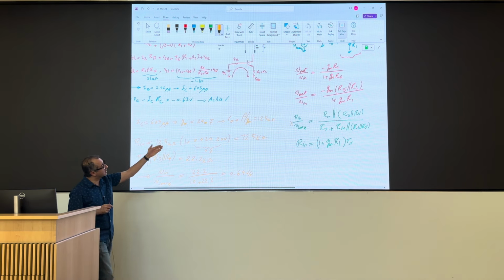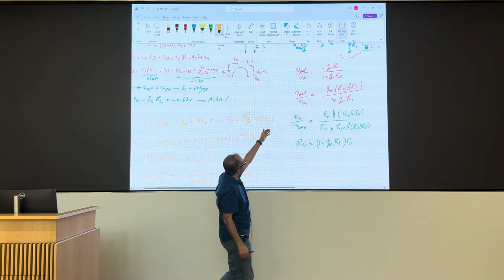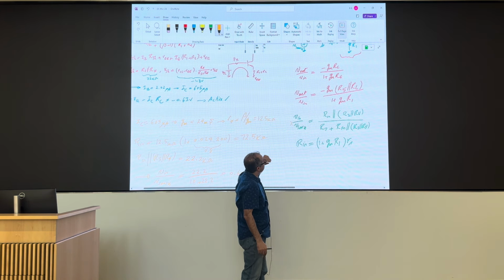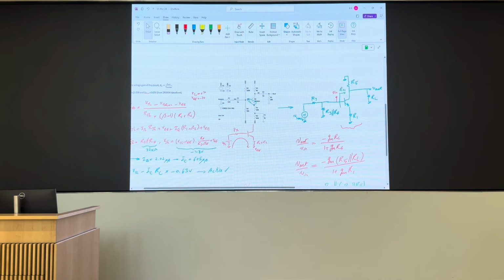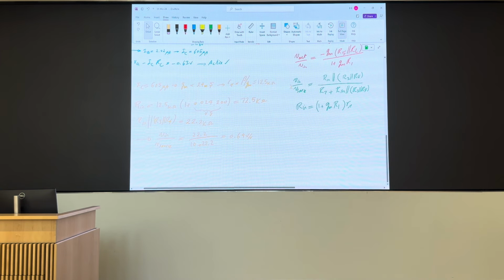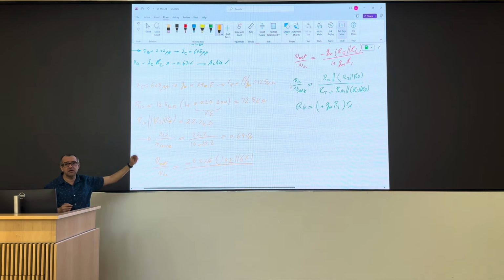And then I can calculate my gain. So V out over V in is GM times R5 in parallel with RL. So RL is 10K, R5 is 6K. So V out over V in is GM, which is 0.024, with a negative sign of course, times 10K in parallel with 6K, divided by 1 plus GM RE1 that I have already calculated. So it's 5.8, right? I already have that number.